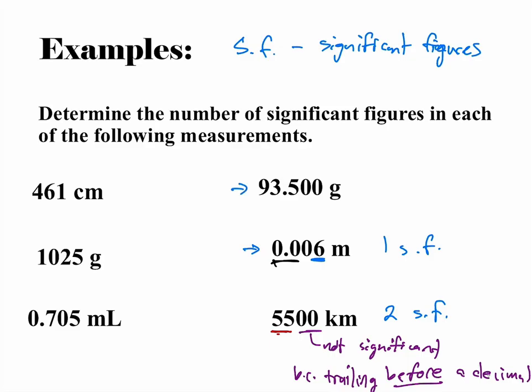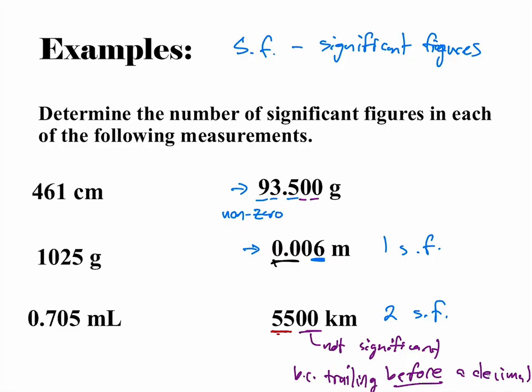What about 93.500? It should be 5, right? We have 3 non-zero digits, which means they're always significant. Any non-zero digit is significant. And then what about these two right here? How are they different from these trailing zeros here? What makes these trailing zeros?